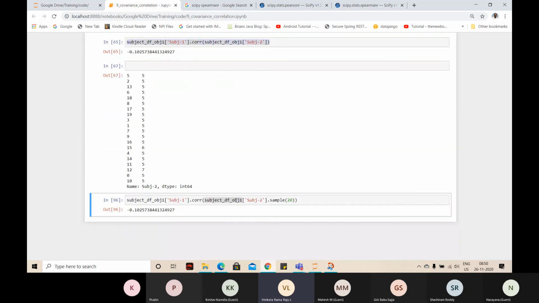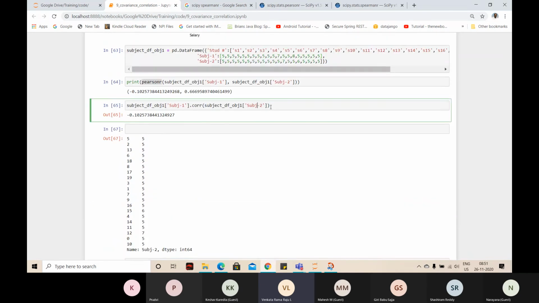When I shuffle the data and get some number, that is like saying at random you also have the same relationship. At random you have the same relationship, and in real data you also have the same relationship.